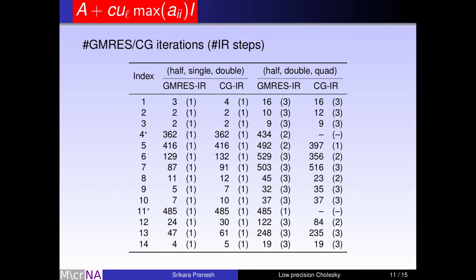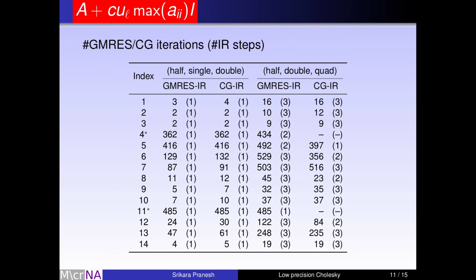One thing you can observe is that the number of iterations taken by both GMRES and CG are almost the same. And here, for these two matrices, CG doesn't converge simply because they are way too ill-conditioned. If you recall, that was one of the qualifications which I made. So CG will not work when the matrix is very ill-conditioned.